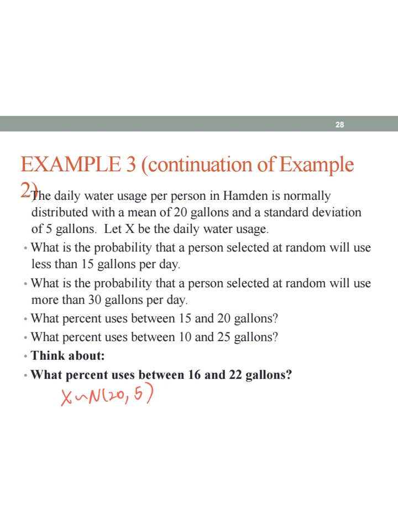So for this question, I can also draw the graph. The graph for a normal distribution is a bell-shaped curve. The mean is equal to 20, the standard deviation is equal to 5. So I can quickly get the mean minus 1 standard deviation, mean minus 2, mean minus 3 standard deviations, mean plus 1, mean plus 2, mean plus 3 standard deviations.